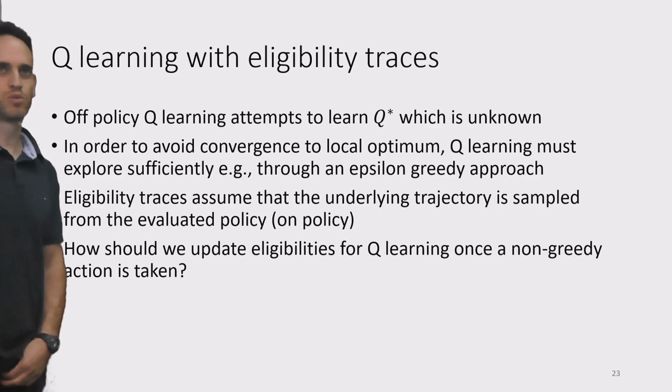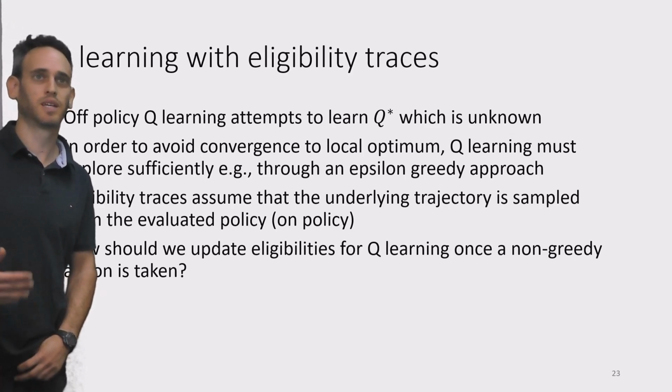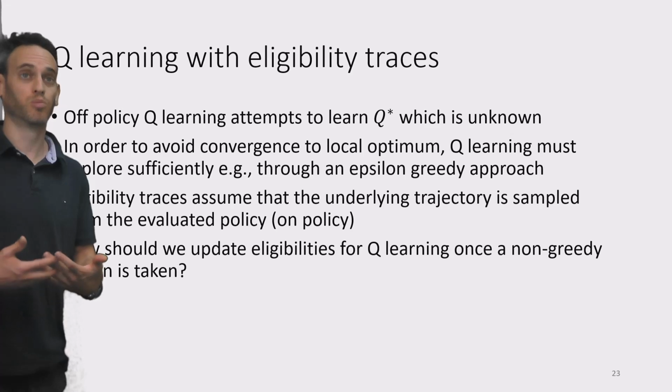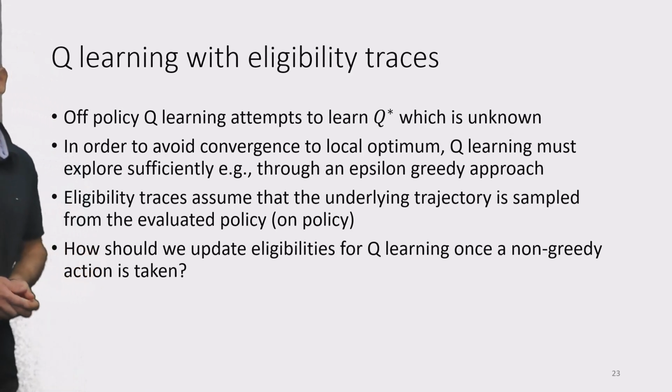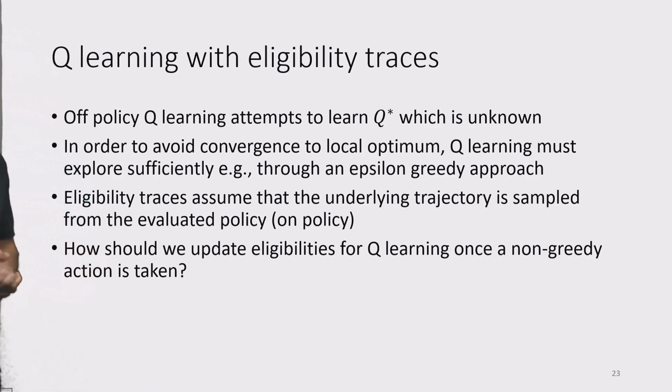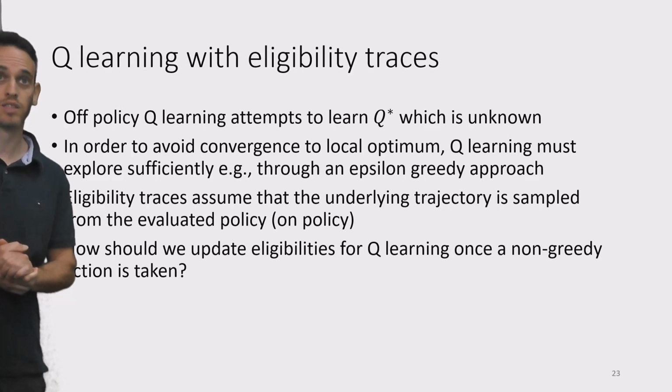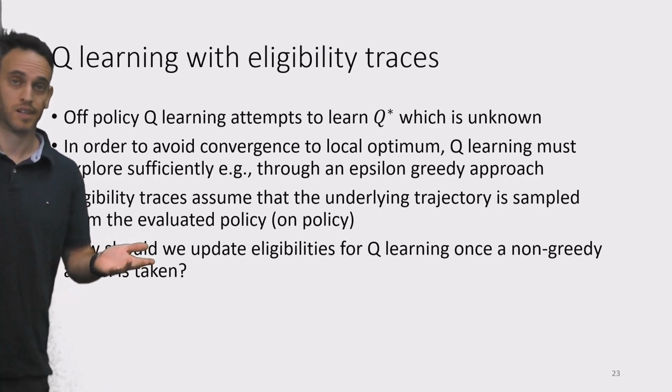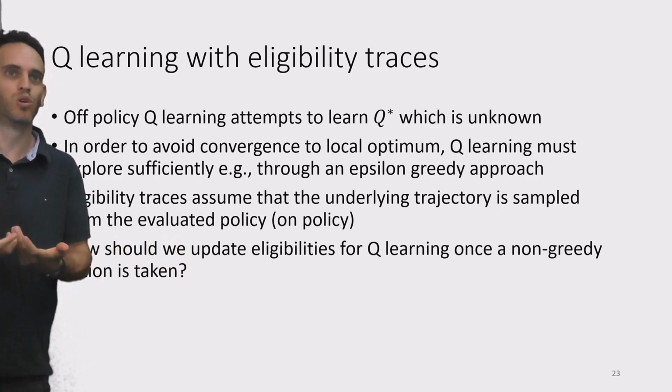So eligibility traces, similarly to n-step return, is an on-policy approach. So then it raises the question of how should we update eligibilities for Q-learning once a non-greedy action is taken, once we do attempt to do off-policy learning.